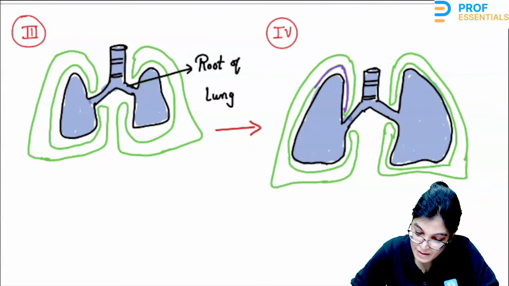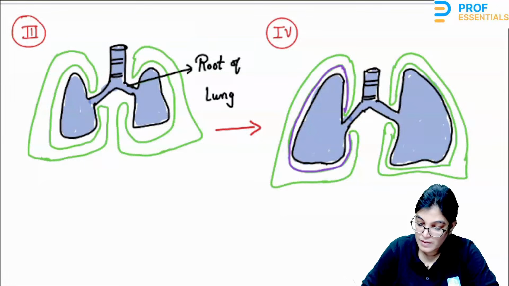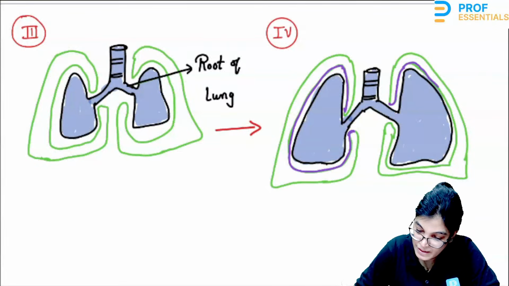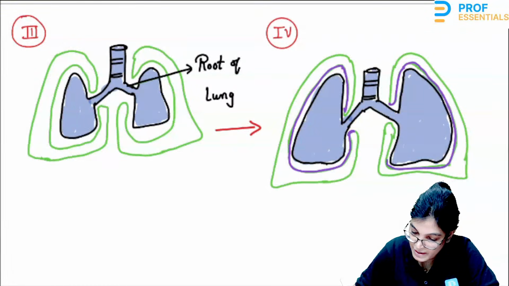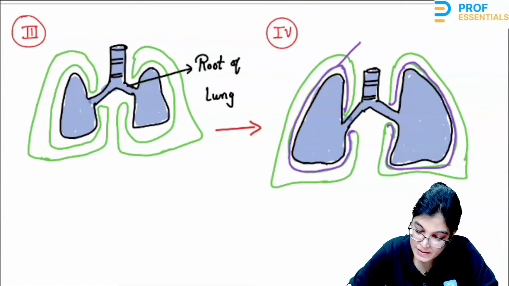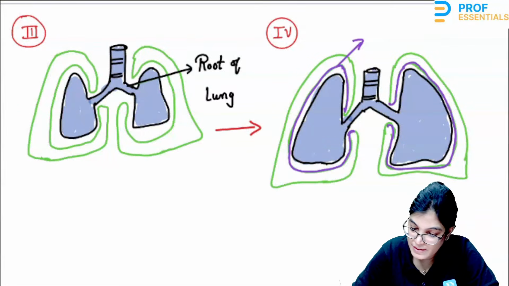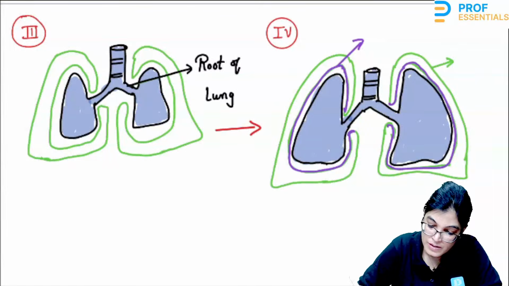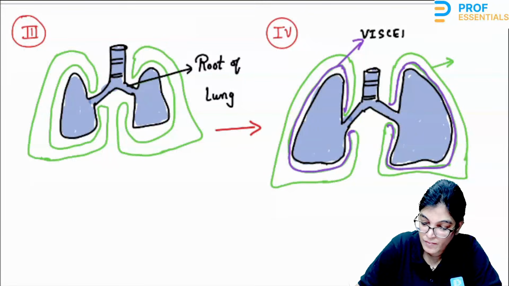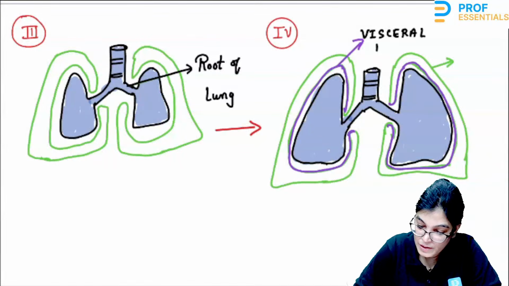This will be the inner aspect, the visceral layer of the serous membrane, which will be adherent, and the outer one is the parietal. So here you can label it: this is one layer and this green color is the other layer. So this is the visceral pleura and this is the parietal.